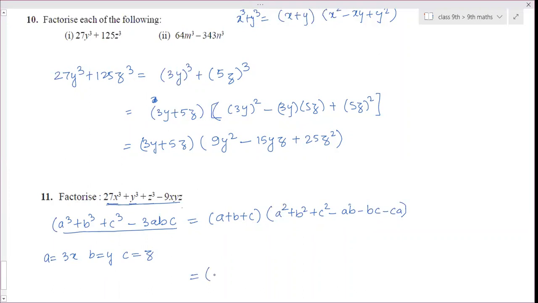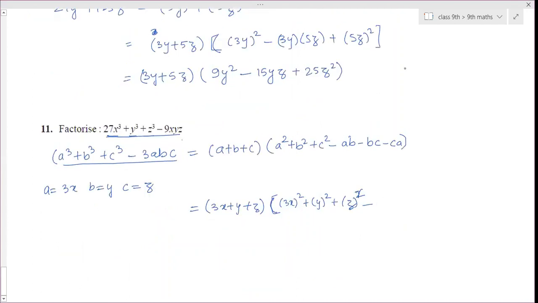So this is equal to a plus b plus c, that is 3x plus y plus z, into a square, that is 3x whole square, plus y square plus z square, minus AB, product is 3xy, minus BC, y into z, minus CA, that is 3xz.